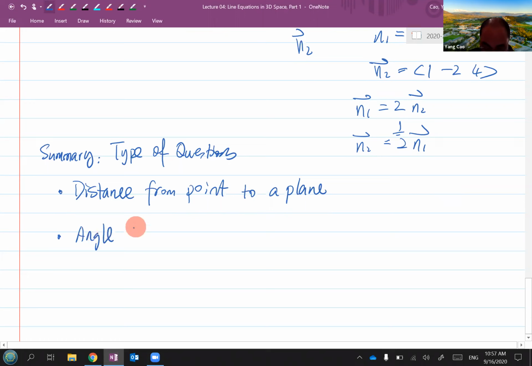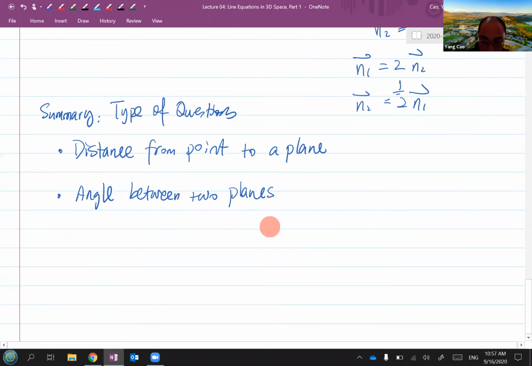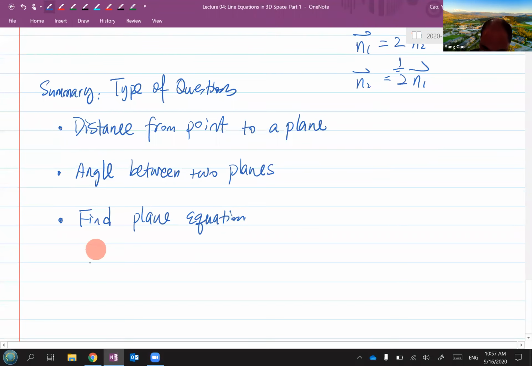Another type is what we just did: you calculate the angle between two planes. I can give you a multiple choice question as a quick check in the exam, just to see if you can do the calculation right. The other general type of question is to find a plane equation based on given conditions.